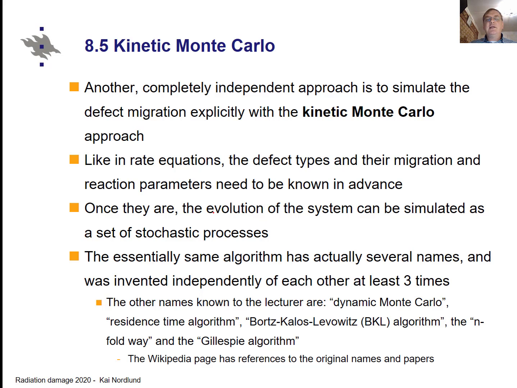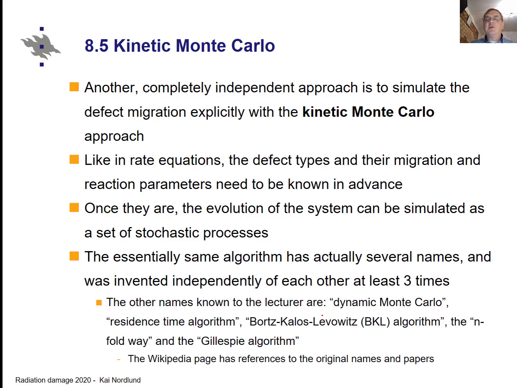So the point in kinetic Monte Carlo is that you model each defect explicitly as an object. This is known as object kinetic Monte Carlo. And after that, you can use this kinetic Monte Carlo algorithm to simulate the time evolution of the system.